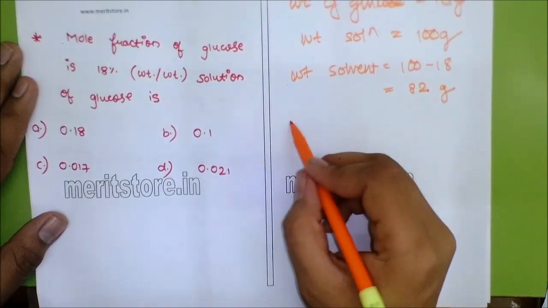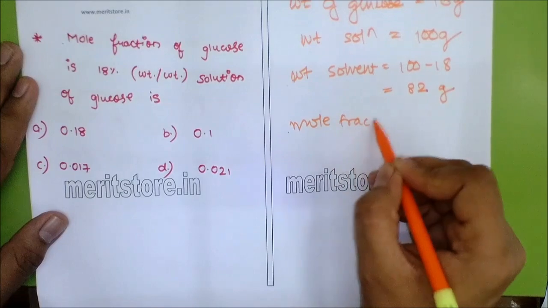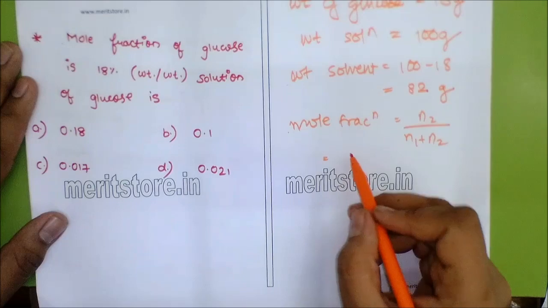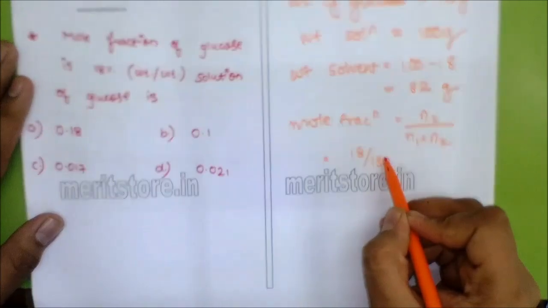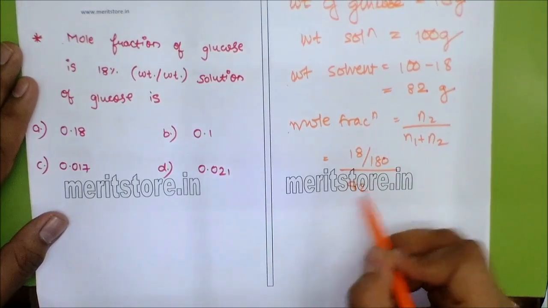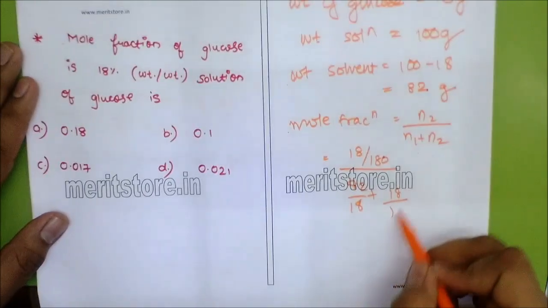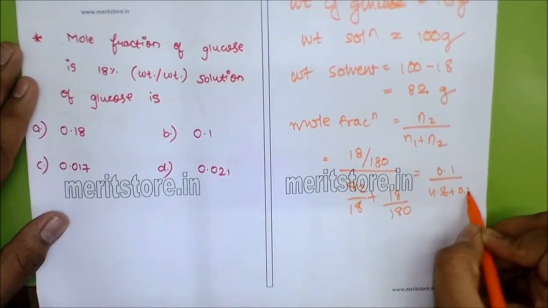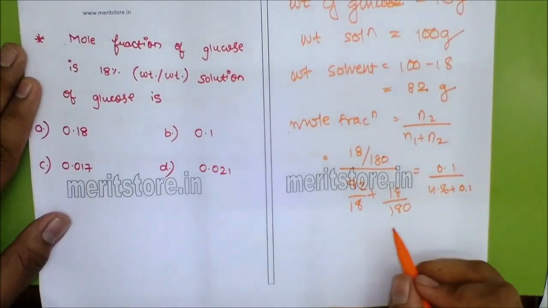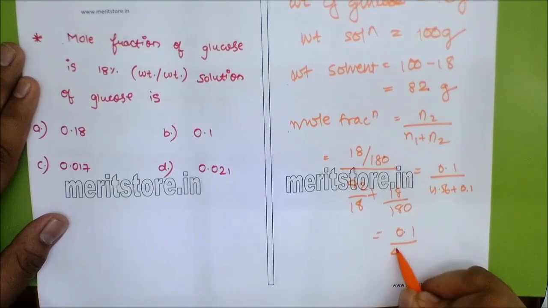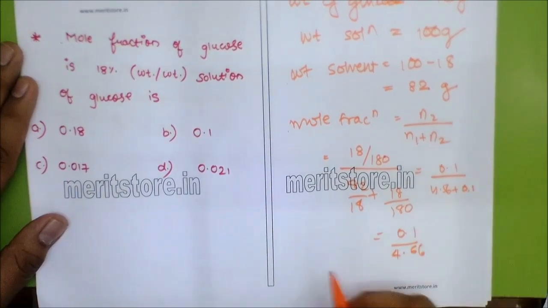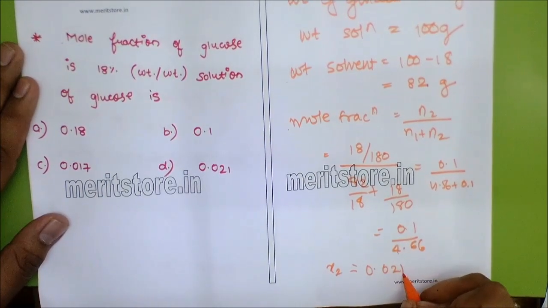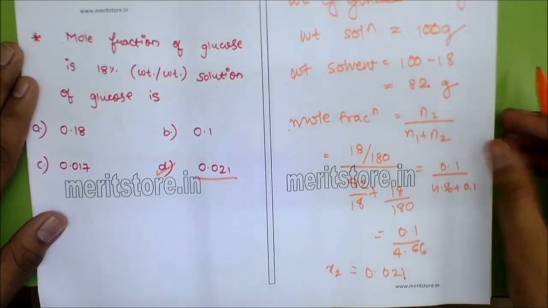Now mole fraction will be N2 upon N1 plus N2, which is equal to 18 upon 180 over 82 upon 18 plus 18 upon 180, which is equal to 0.1 upon 4.56 plus 0.1, which on solving we get 0.1 upon 4.66. Therefore value for x2 is equal to 0.021. So option D, 0.021 is the correct answer.